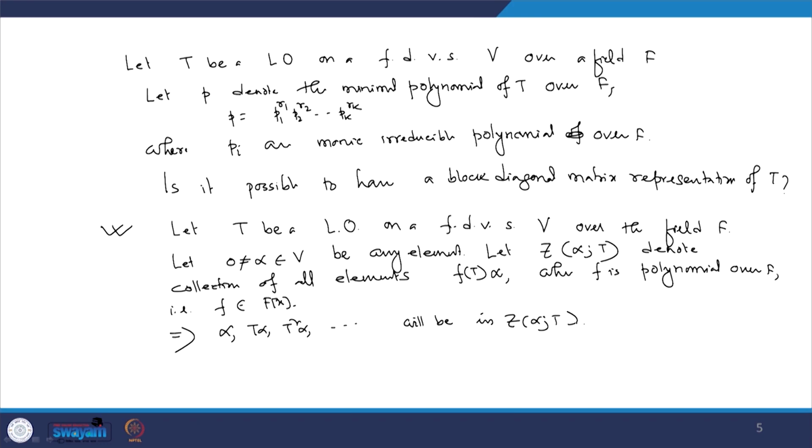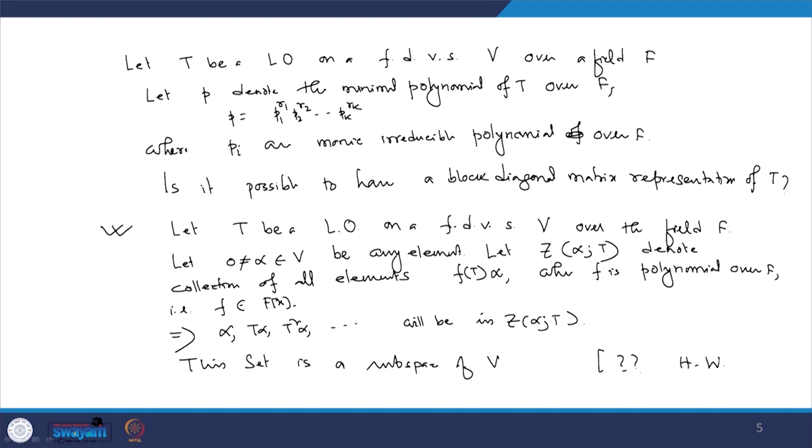In fact, this set is a subspace of the vector space V. You can easily prove it using the condition that if beta and gamma belong to Z(alpha, T), then C times beta plus gamma also belongs to it, where beta is some f1(T) alpha and gamma is some f2(T) alpha. Since C times f1 plus f2 is a polynomial over the field F, it will again be inside Z(alpha, T).